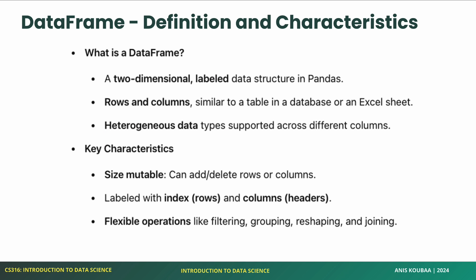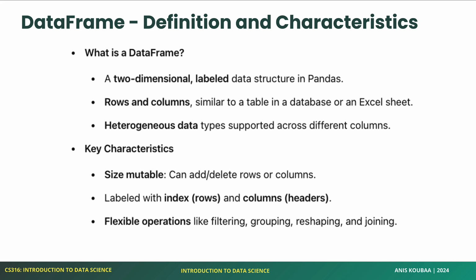Now DataFrames are the two-dimensional structure, which is also a labeled data structure in Pandas. It contains rows and columns, as already introduced, and is similar to a table in a database, an Excel sheet, or a CSV file. It can take heterogeneous types of data across different columns. The size is mutable, I mean, you can add elements and you can remove elements.